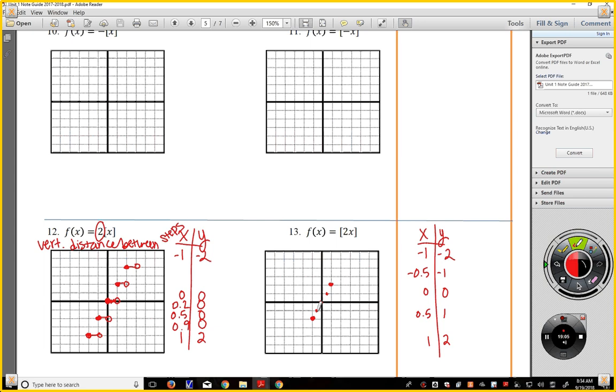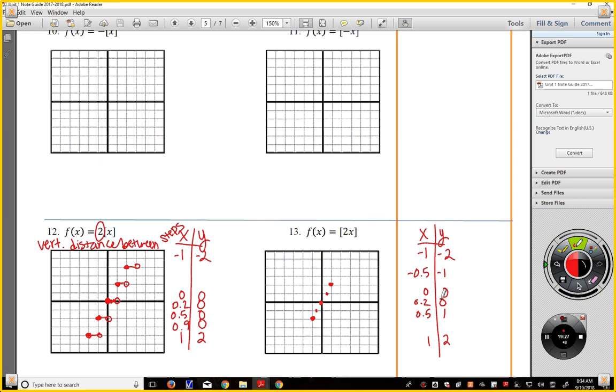And now I'm going to look in between those just to make sure I didn't miss anything else. So like in between 0 and 0.5, let's say I do 0.2. So 0.2 times 2 is 0.4, and that would be rounded to 0. What about like 0.1?